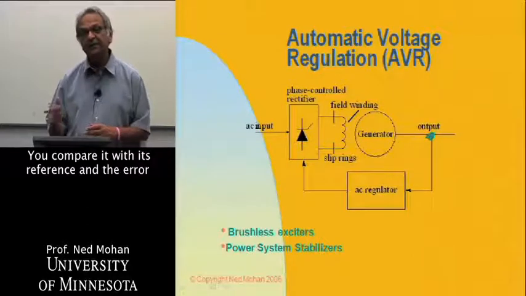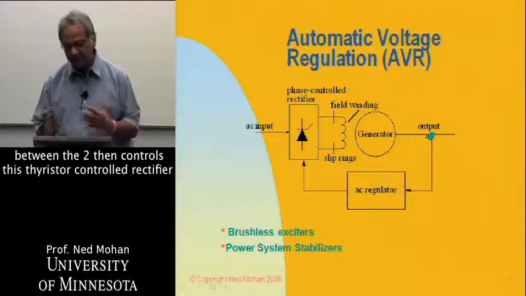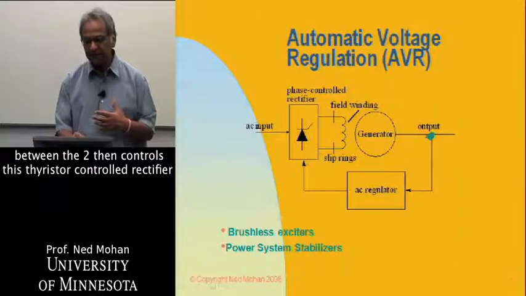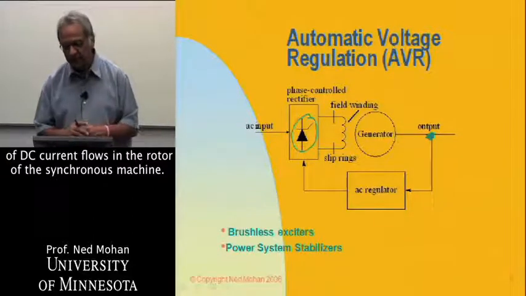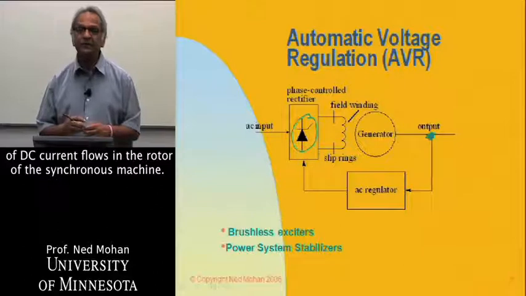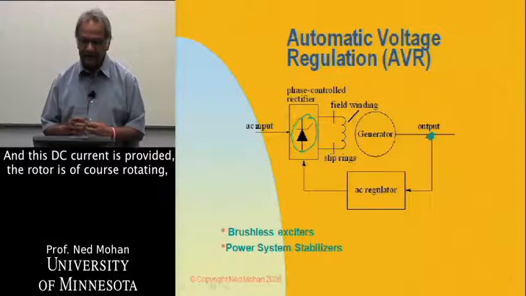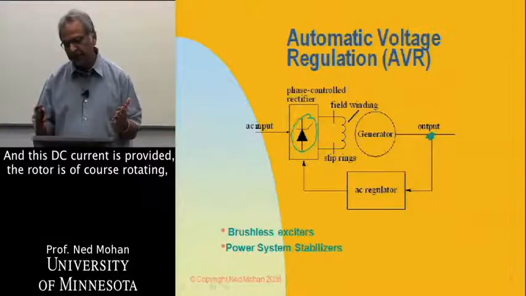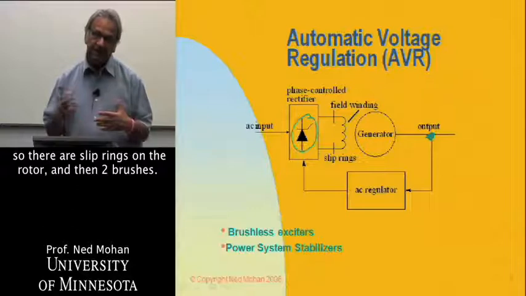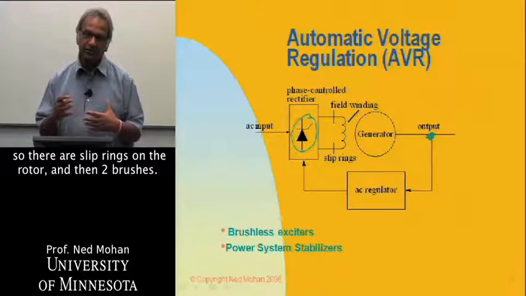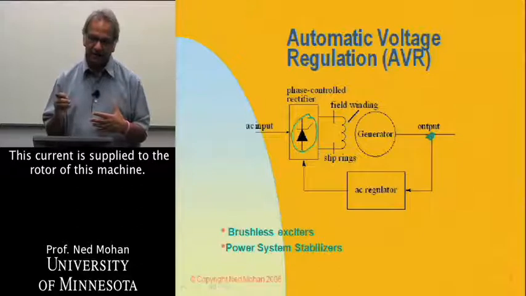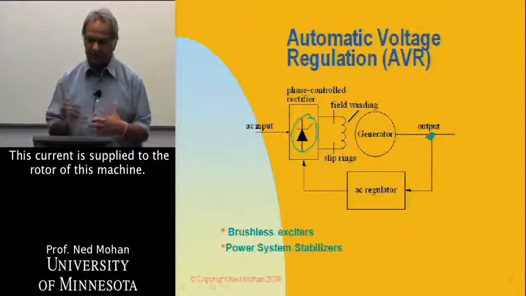You compare it with a reference, and the error between the two then controls this thyristor-controlled rectifier, and thereby an appropriate amount of DC current flows in the rotor of the synchronous machine. The rotor, of course, is rotating, so there are slip rings on the rotor, and then through brushes, this current is supplied to the rotor of this machine.